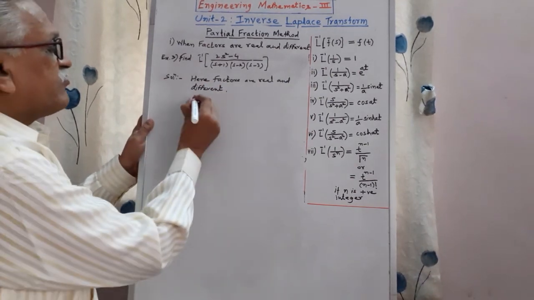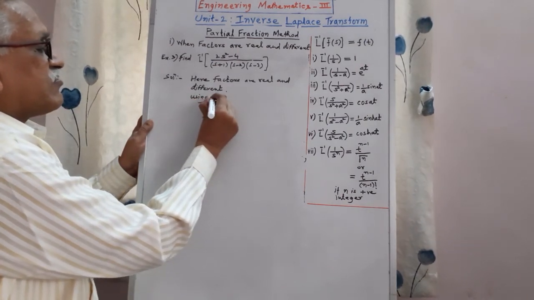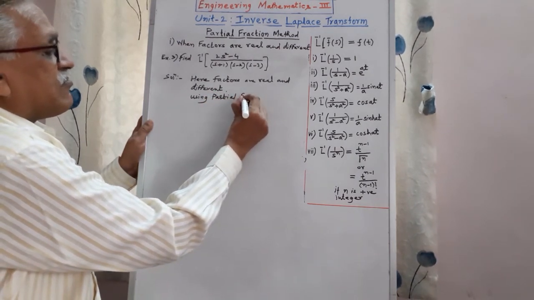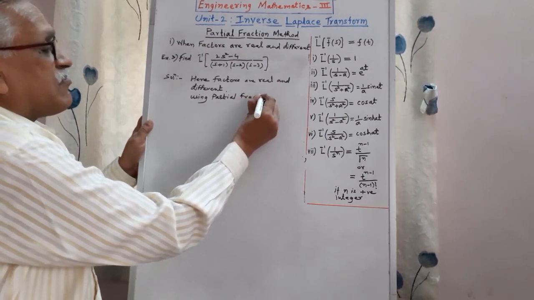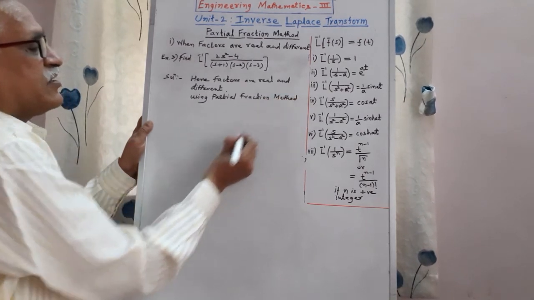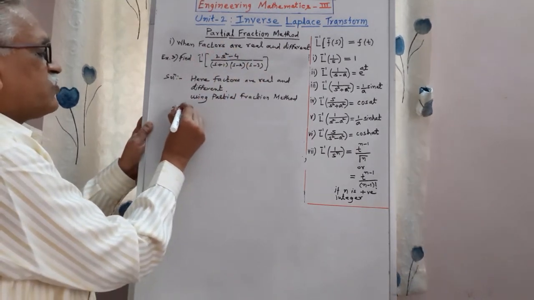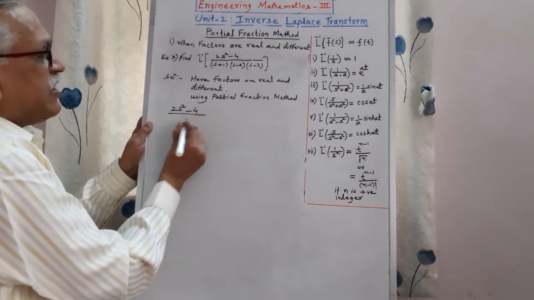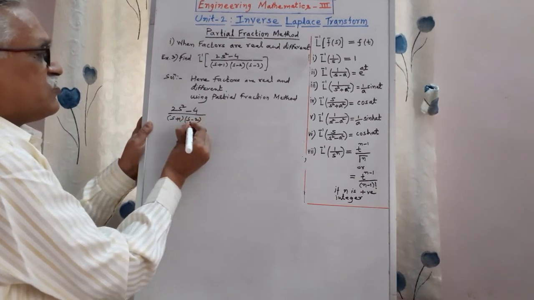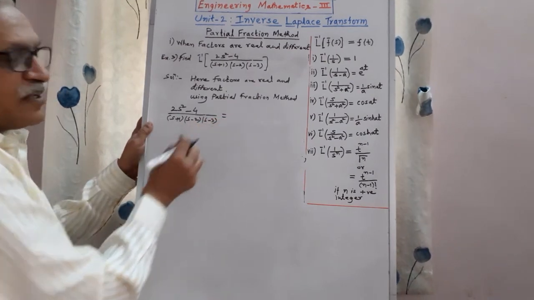Using the partial fraction method, we get f bar of s, (2s square minus 4) divided by (s plus 1)(s minus 2)(s minus 3), as all factors are real and different.